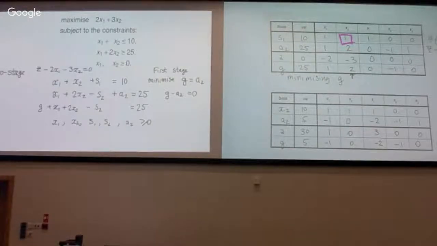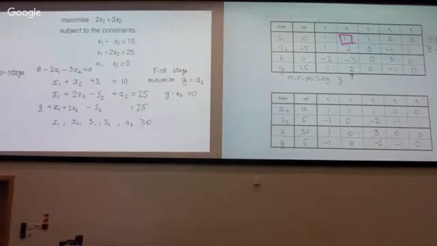And they should be all non-negative, so that we get a feasible solution to our LP. We're trying to find a feasible solution by solving first a different problem, in which we do have a feasible solution because we introduce some A2, which is bogus because we don't work. But it's useful to have it if we want to find a feasible solution.